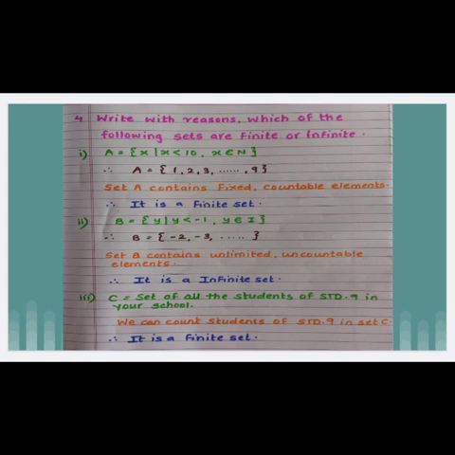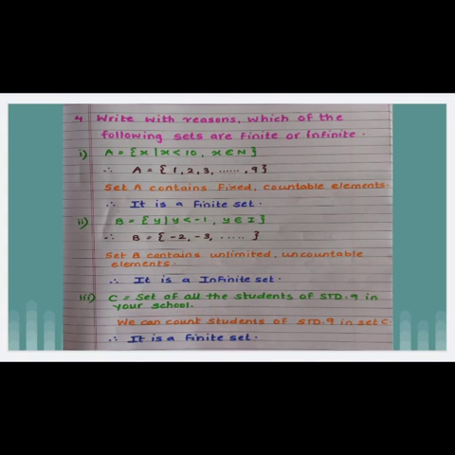Second one, set B is equal to y such that y is less than -1 and y belongs to integers. It belongs to integers, and less than -1, that means all negative numbers will come.